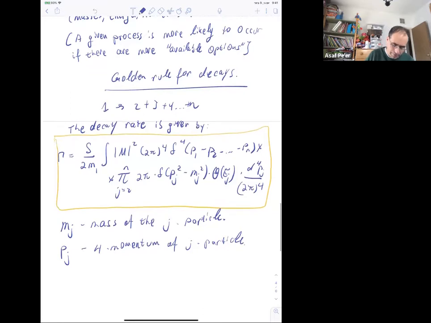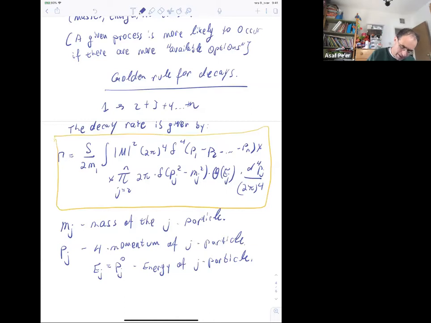Of course, Ej is just Pj, the zeroth component, is the energy.